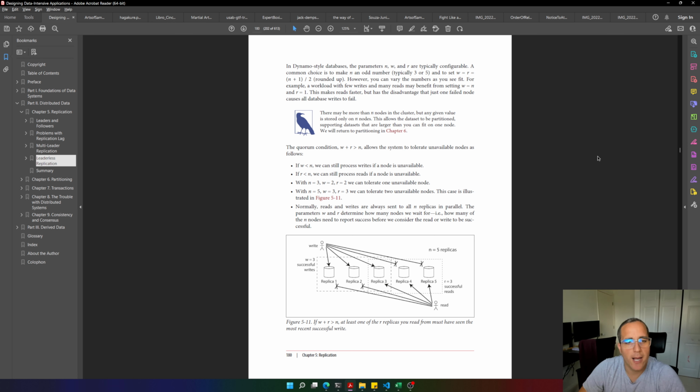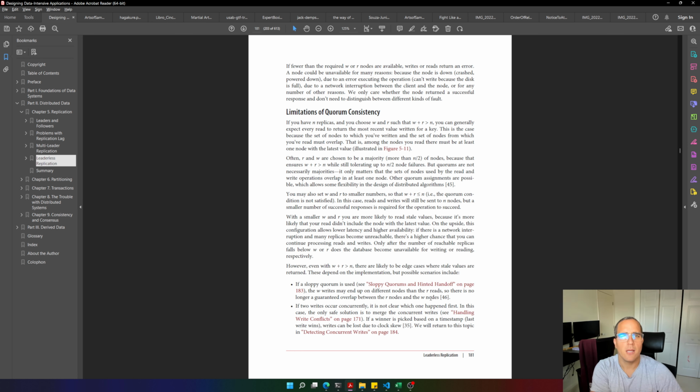Normally, reads and writes are always sent to all n replicas in parallel. The parameters w and r determine how many nodes we wait for, that is, how many of the n nodes need to report success before we consider the read or write to be successful. If fewer than the required w or r nodes are available, writes or reads return an error.